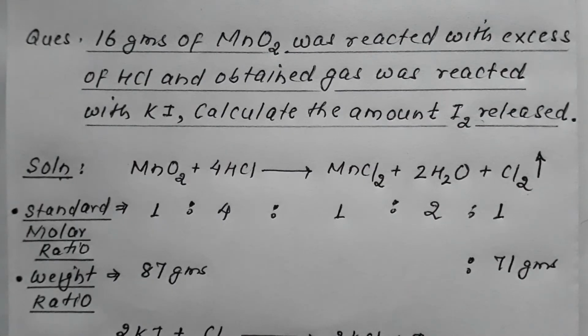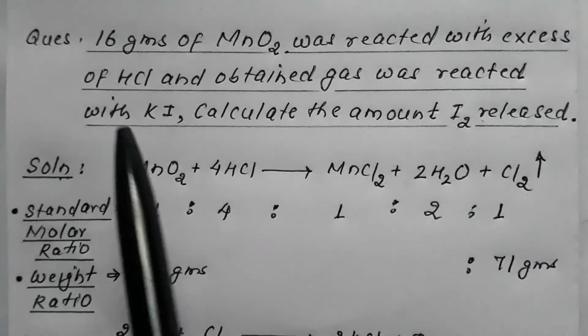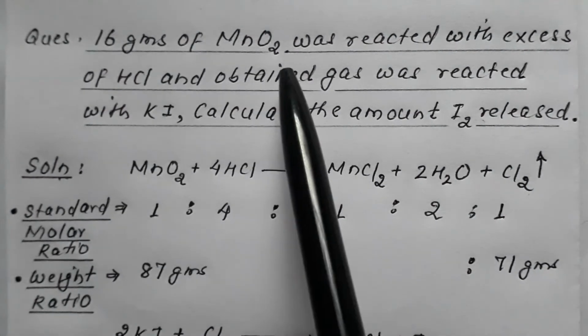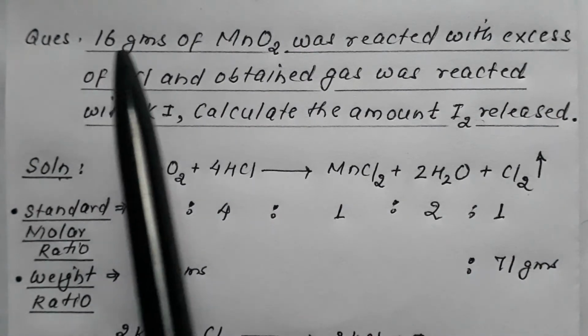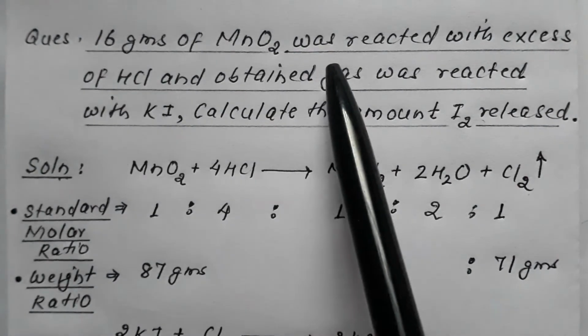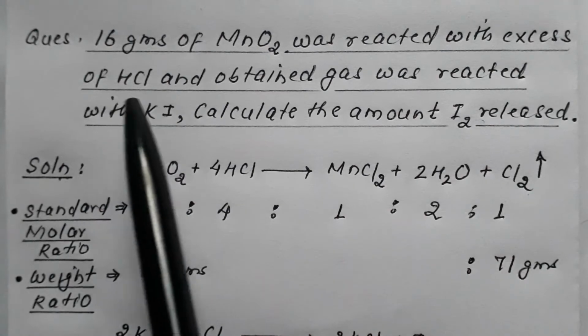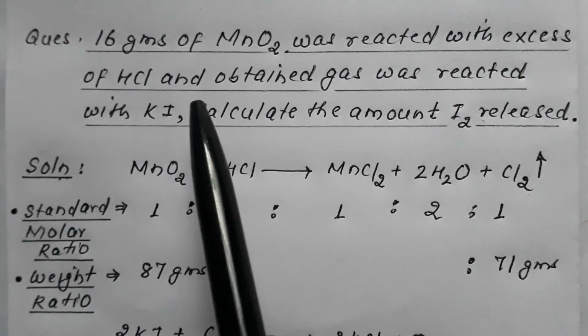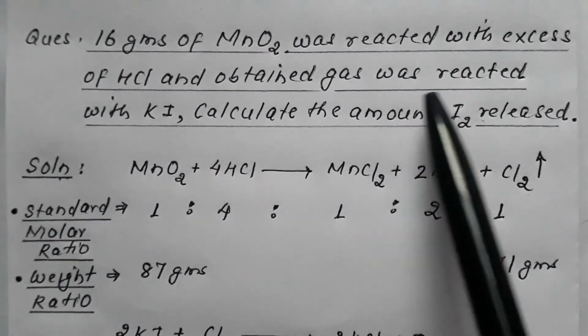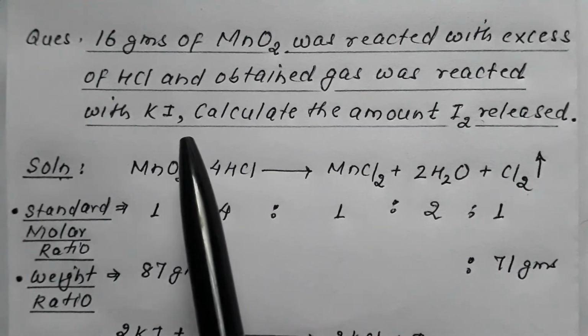Now let us consider one more question which is again involving multiple reactions, that is, a multi-step procedure would be needed. The question goes that 16 grams of MnO2 was reacted with excess of HCl and the obtained gas was reacted with KI.